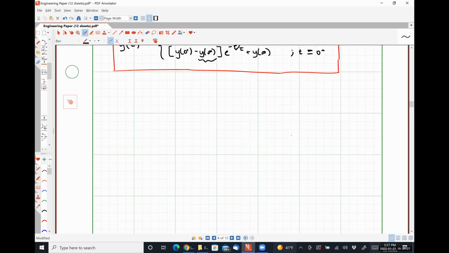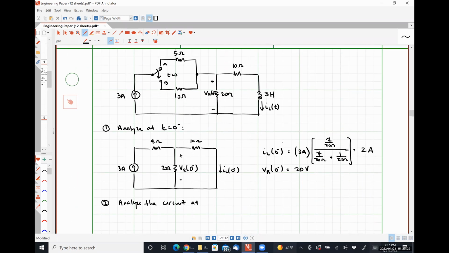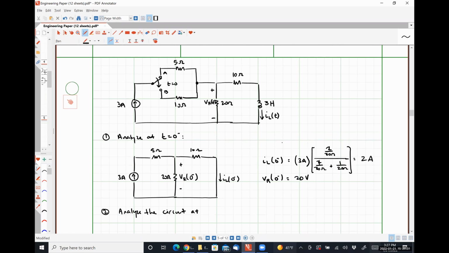So I'm trying to figure out what I can do to fix it. So let me explain my reasoning here for why I think I've made an error in setting up this problem. So I'm switching between two different resistor values, but the amount of current that's flowing through that resistor is fixed, which means how it splits up is effectively fixed as well.